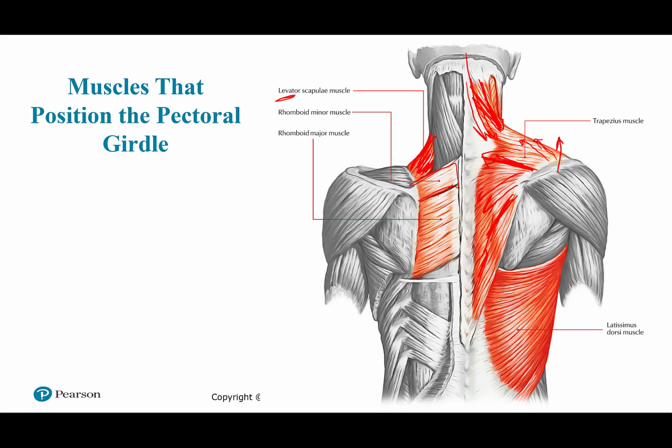These muscles right here also attach to the pectoral girdle and stabilize it. You have rhomboid major. So here's rhomboid major, and here's the rhomboid minor. Minor because it's smaller, and major because it's bigger.